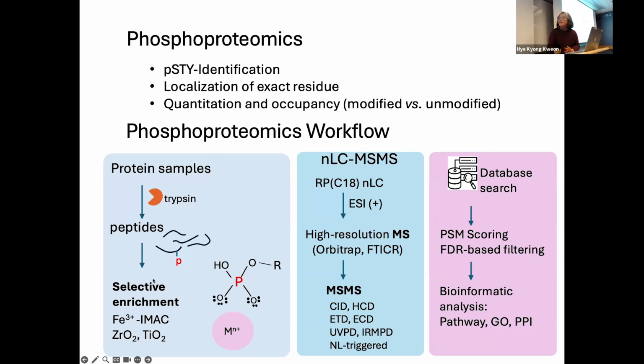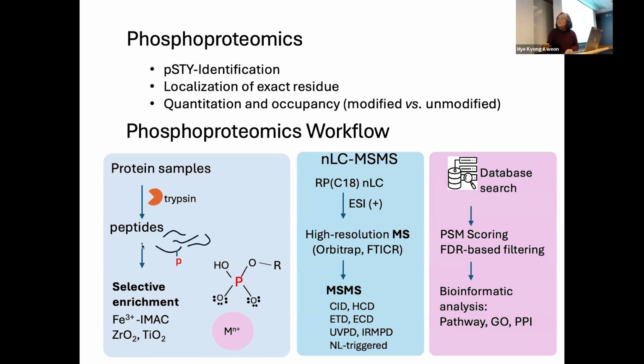In the early 2000s, a method was found for selective enrichment of phosphopeptides using metal ions, IMAC, or zirconium and titanium dioxide.